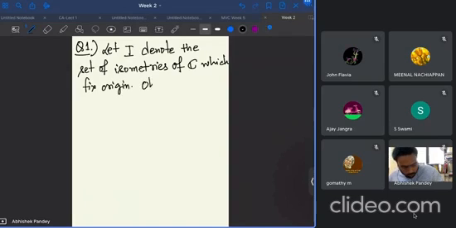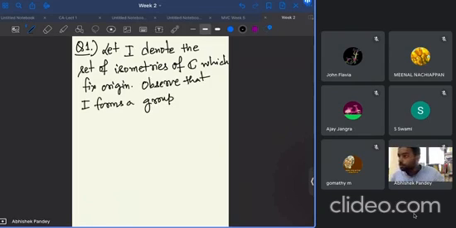So observe that I forms a group, and what will be the operation? Under composition. So which of the following is/are true?